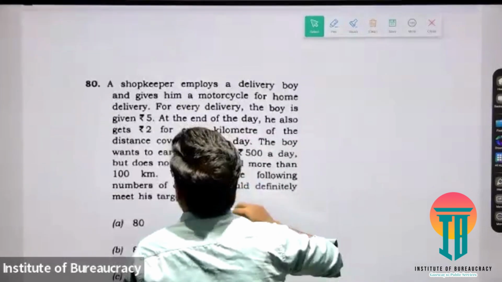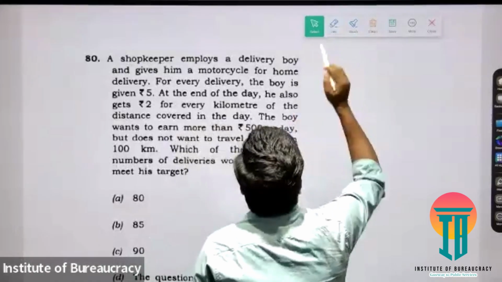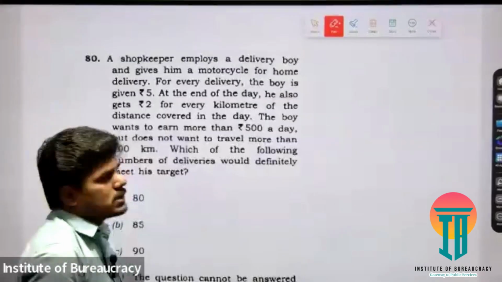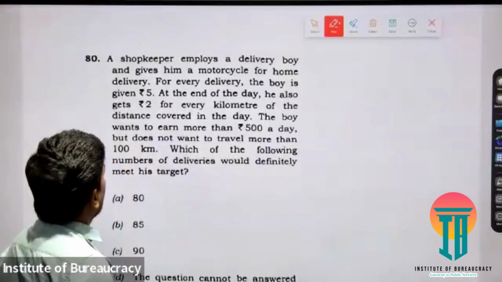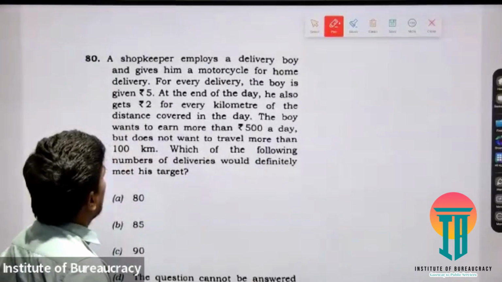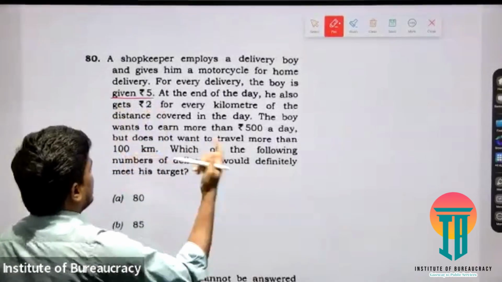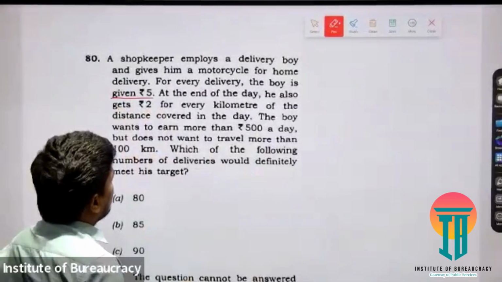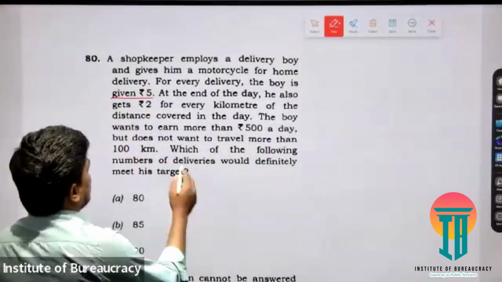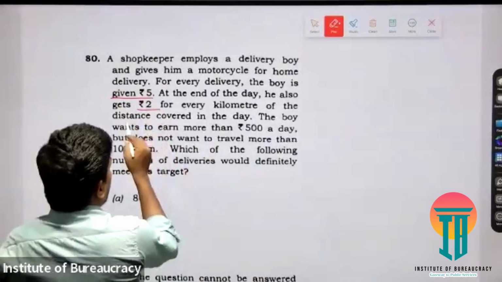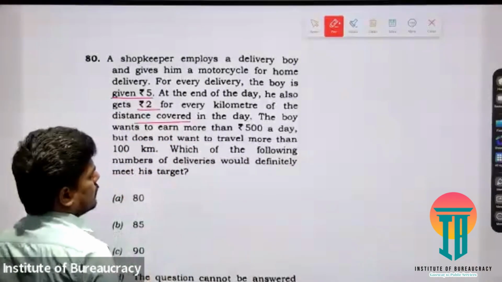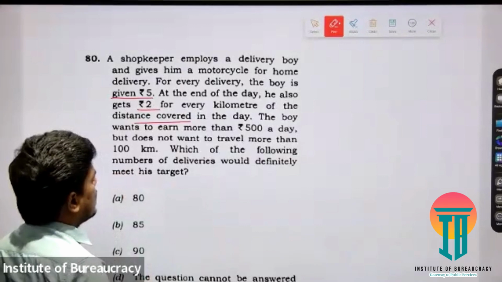The last one. A shopkeeper employs a delivery boy and gives him a motorcycle for home delivery. For every delivery, the boy is given 5 rupees. At the end of a day, he also gets 2 rupees for every kilometer of the distance covered in a day.